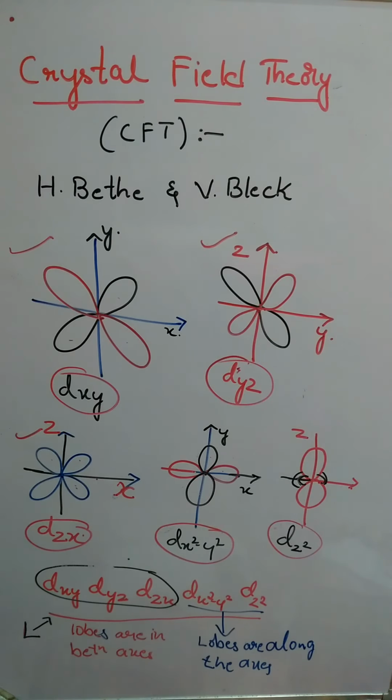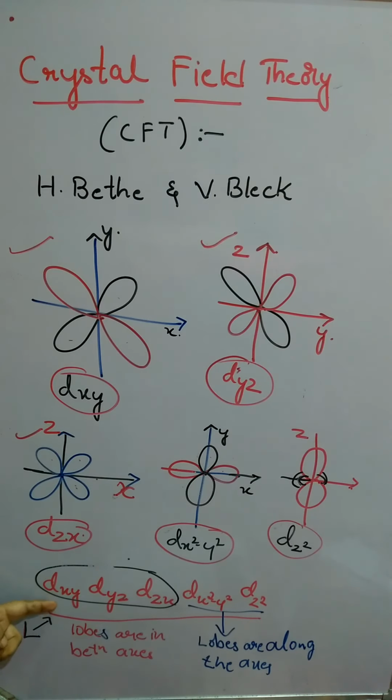than the other set. Here it is not that the ligand should be along the axis or in between the axis. What we are telling is that if the orientation of the orbitals of the ligand is similar to the orientation of these d orbitals, then these will experience more repulsion than the other set.